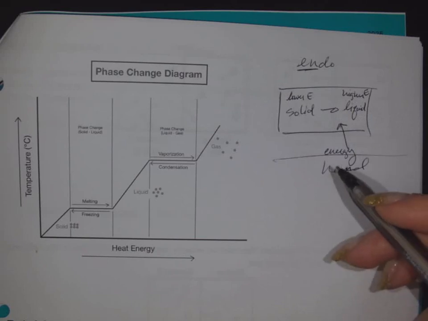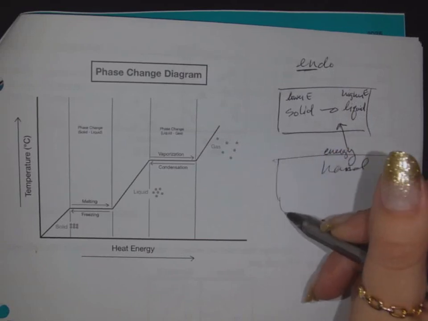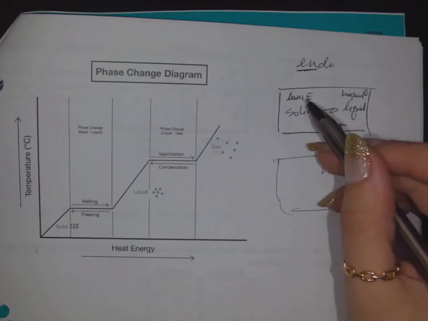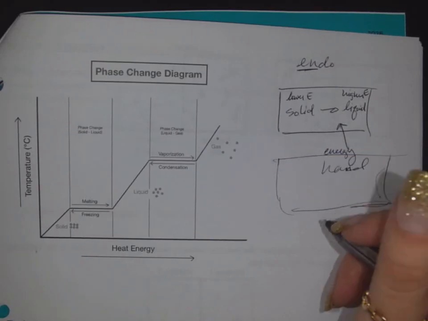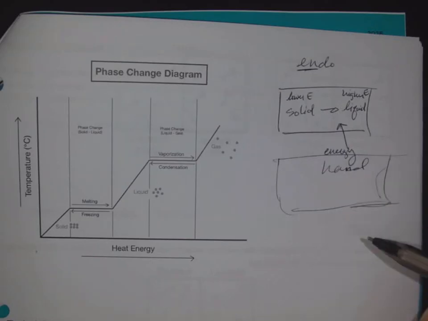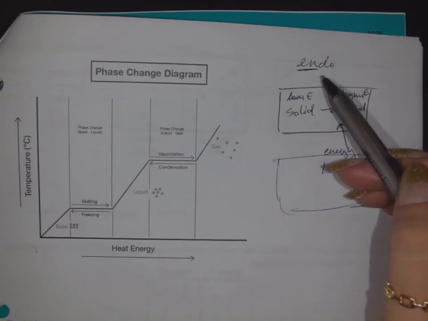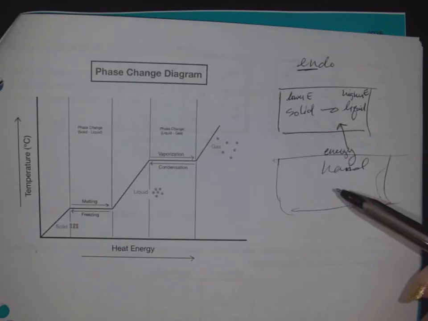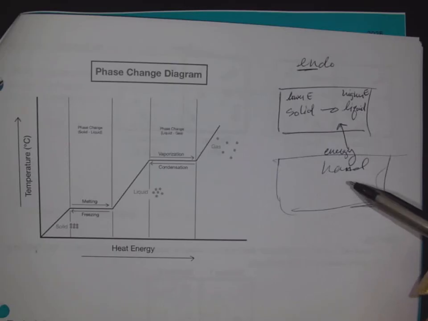But what if my hand was the system? What if all of a sudden we're talking about my hand being the system, not the ice cube? Then for my hand, it would be exothermic. This would be an endothermic exchange of energy for the ice cube, but if we're talking about my hand as the system, it's losing energy, and energy is being released to the surroundings, part of which is the ice cube, and that would be exothermic.